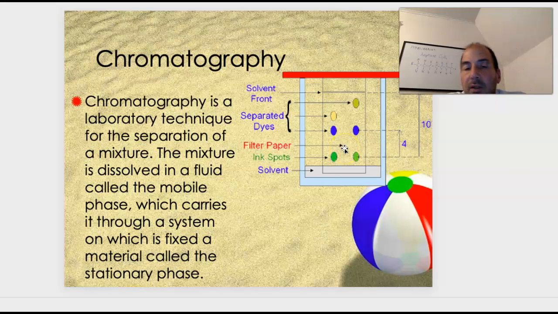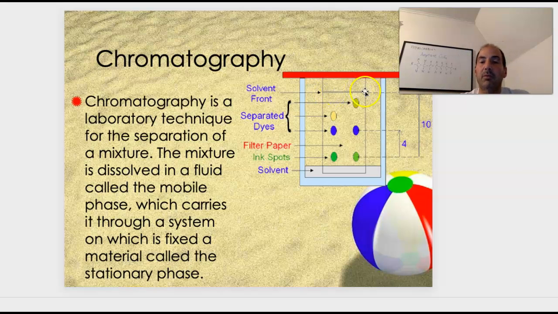Now, there are two ways to go. We could use a polar solvent, in which case you've got to make sure that the paper is nonpolar, or vice versa. You could use a nonpolar solvent, but then the paper has to be polar. The solvent is usually referred to as your mobile phase because that's going to climb up the paper, but the paper isn't moving anywhere, so the paper would be called the stationary phase.